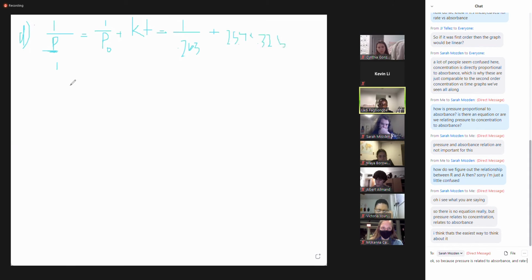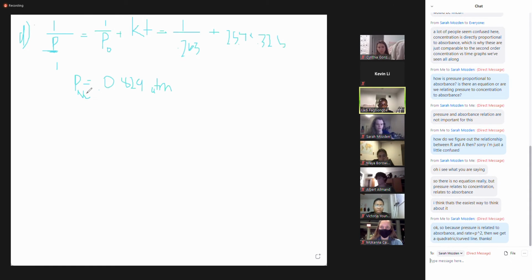And with that, if you solve all that, you'll get that the pressure after 0.325 seconds equals 0.0829 atmospheres. Okay, so that's the pressure of NO2 that's remaining in the flask after 0.325 seconds.